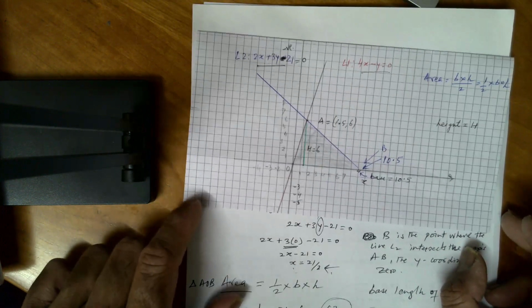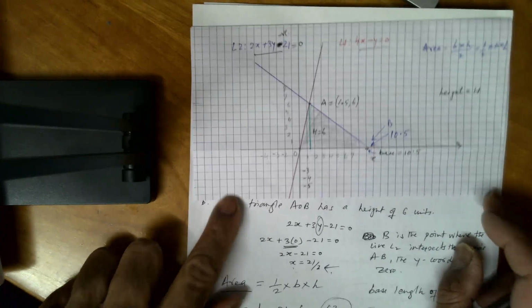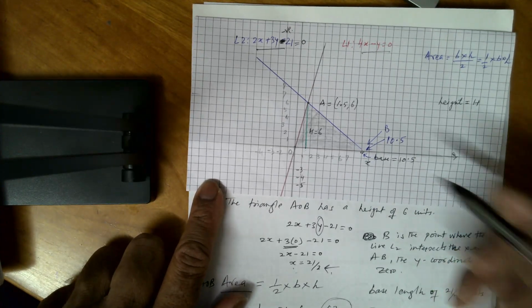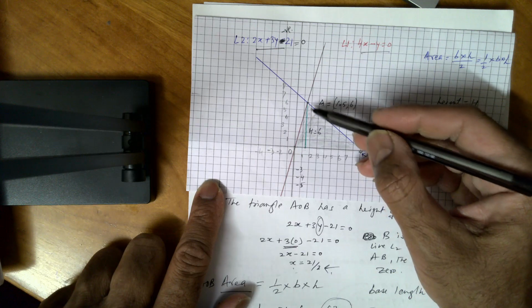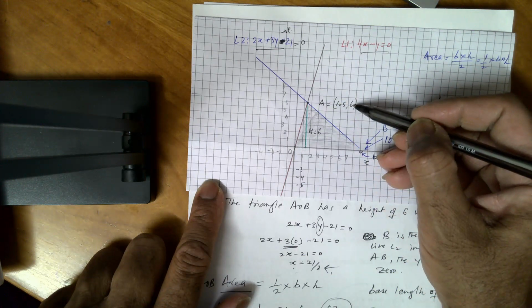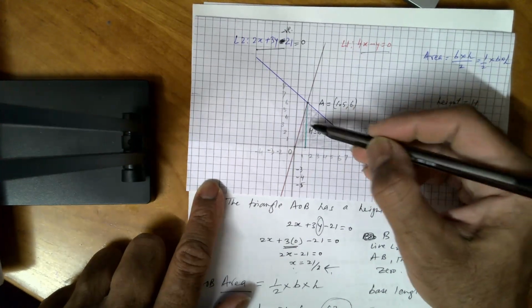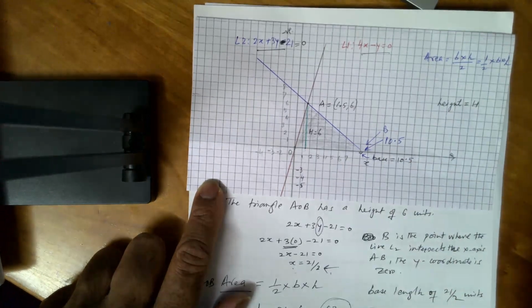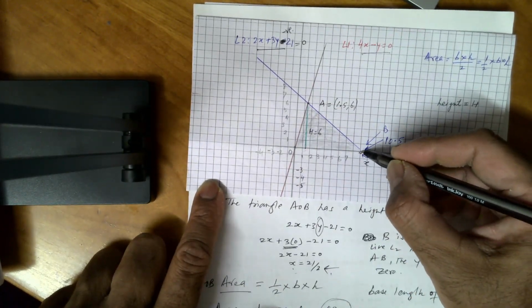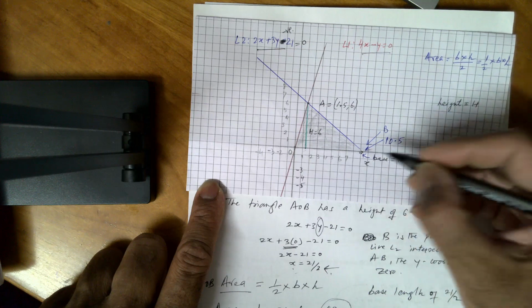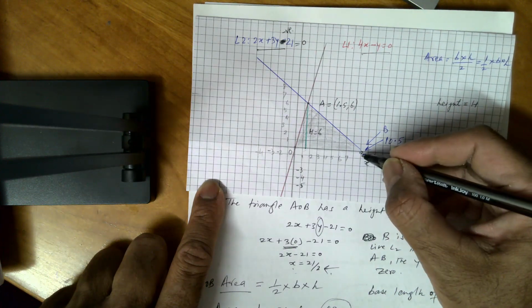So let's go back again here. This is how we worked out your height 6, because your 6 here is your y, so the height is your 6 units. We also solved your point B here.